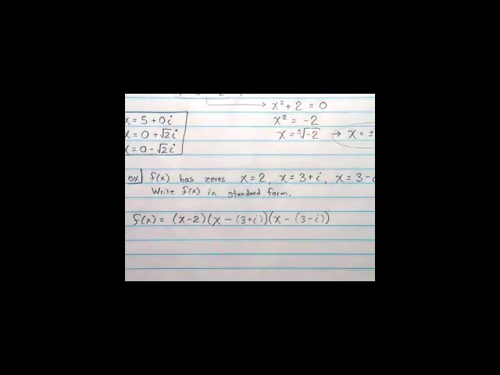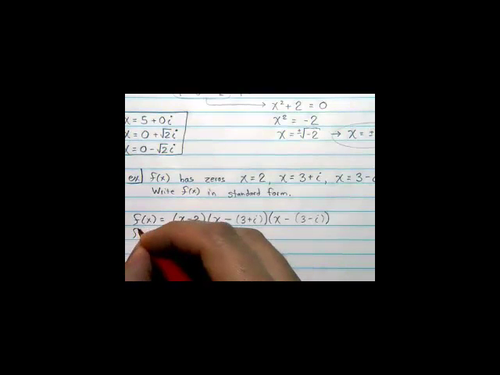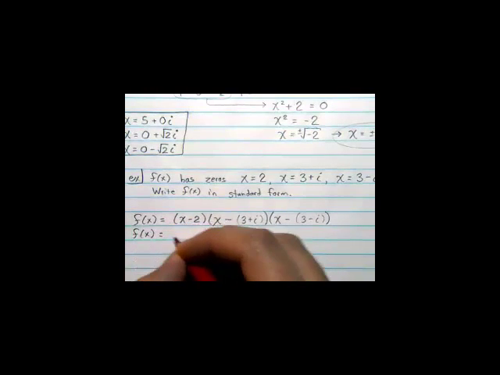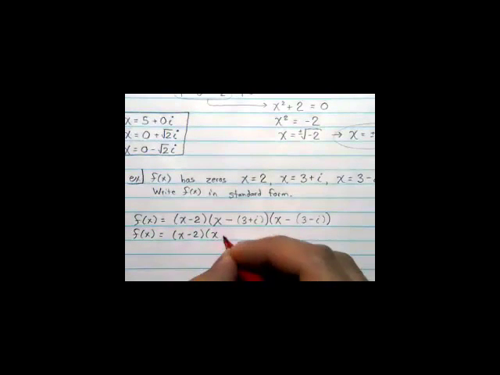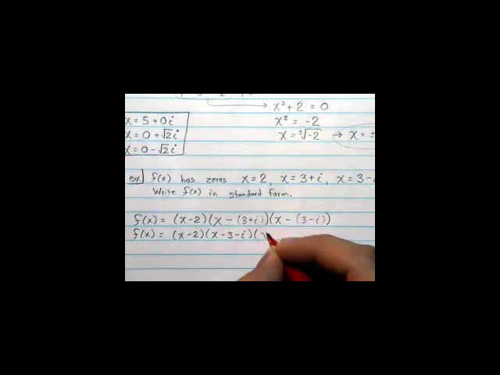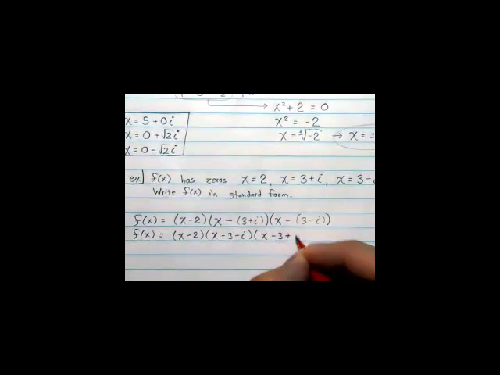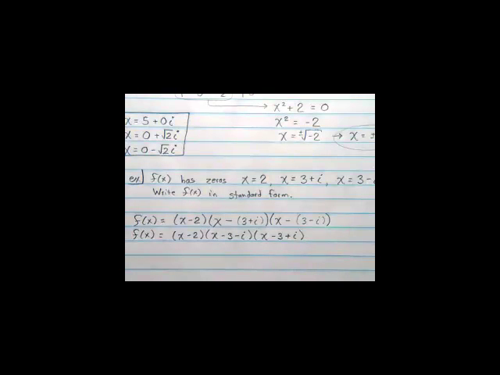x minus the root, every time. Now, you can simplify these a little bit. You have to distribute the negative each time before you start to multiply, and I would definitely do that. So x minus 2, then x minus 3 minus i, and this one becomes x minus 3 plus i. Then we're going to start multiplying everything by everything.